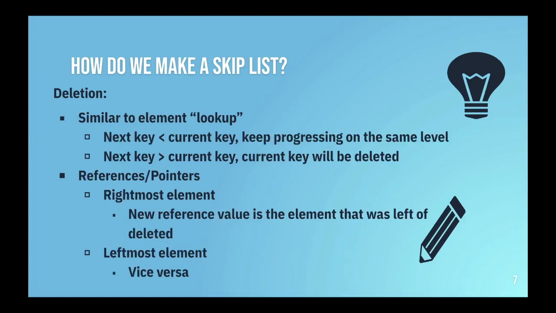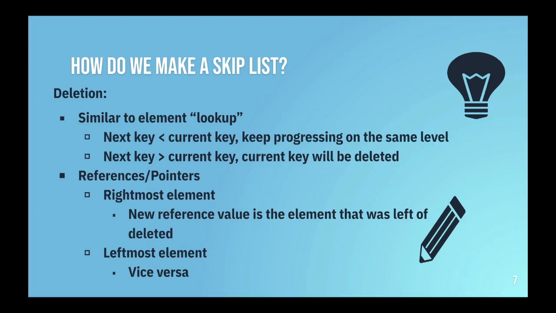Now we can cover deletion, which is a bit simpler than insertion. When you delete an element, it is very similar to element lookup. If the key of the next node is less than the search key, you keep progressing on the same level. However, if the key of the next node is greater than the key that will be deleted, you want to store the pointer to the current node and move down one level to continue the search.